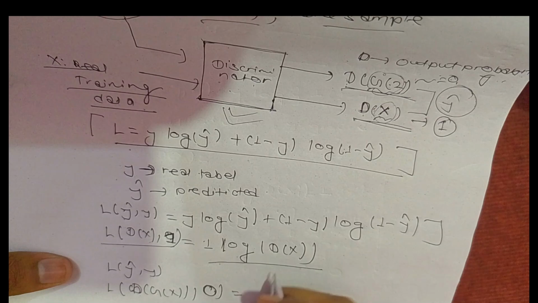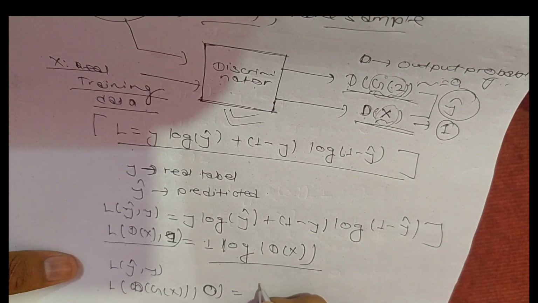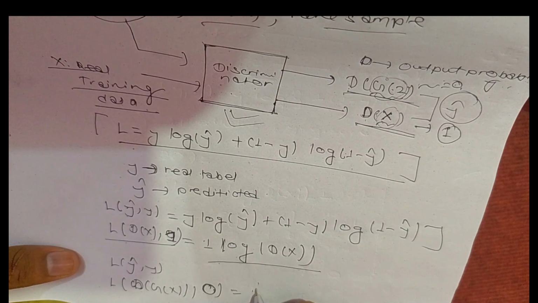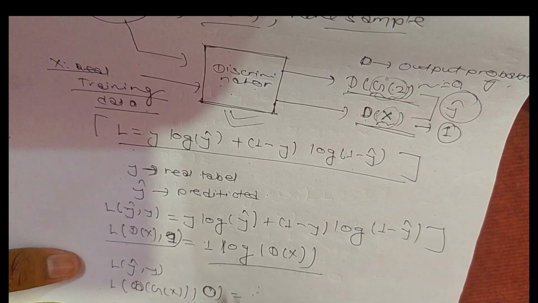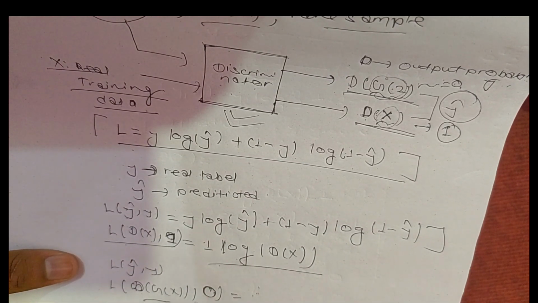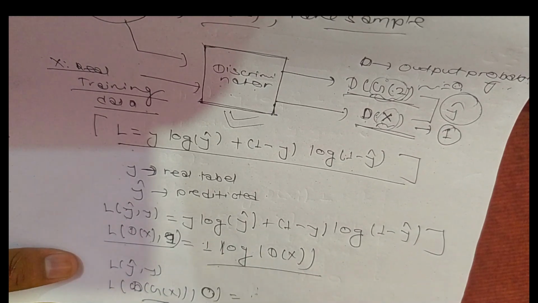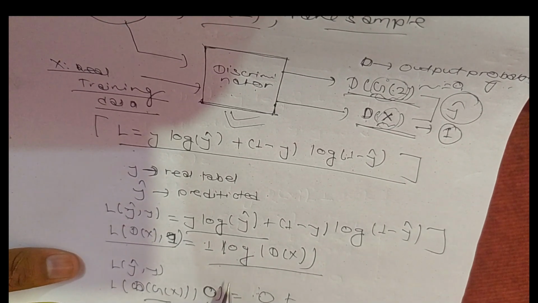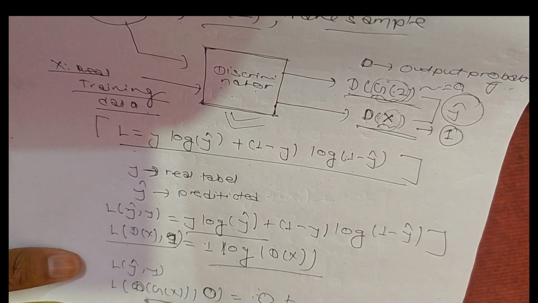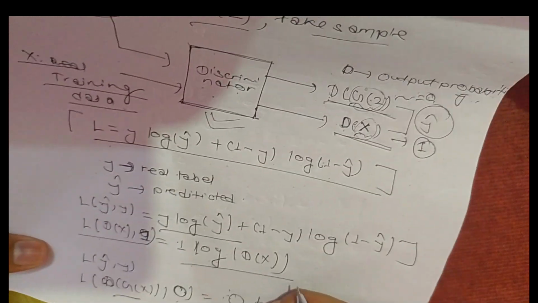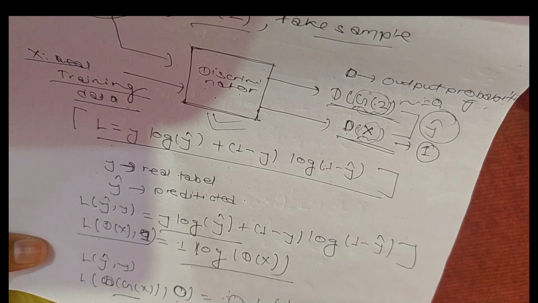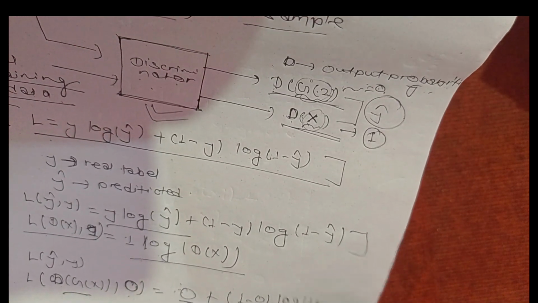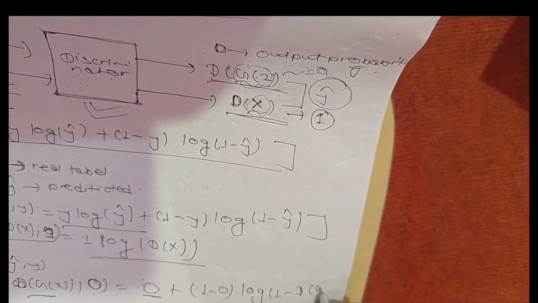So what we'll do is y is equal to 0. What will be its value? We are giving y as 0, which means this upper quantity will be 0, and 1 minus 0 will be 1, and log of 1 minus d of g of x.